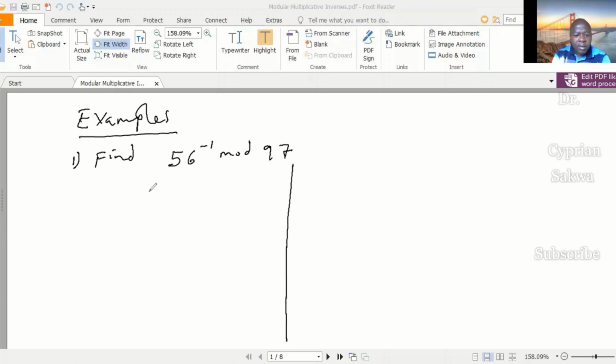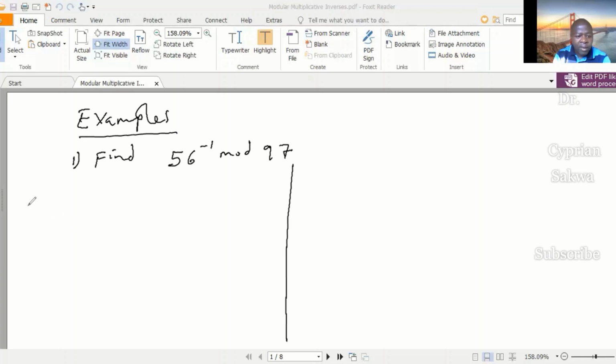Now, Euclid's algorithm will work for any of these questions. So I want to begin with Fermat's theorem first. Fermat's theorem says that P here must be prime, and it should not divide 56. If P is prime and cannot divide 56, then Fermat's little theorem can be used.